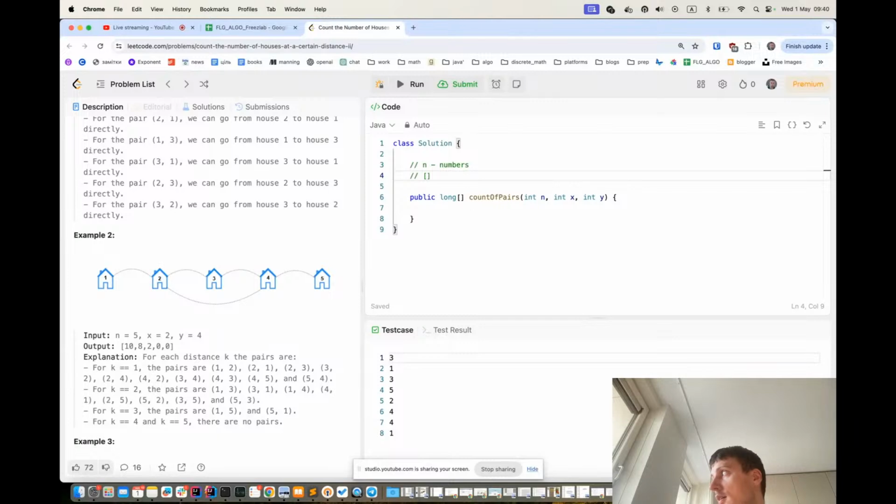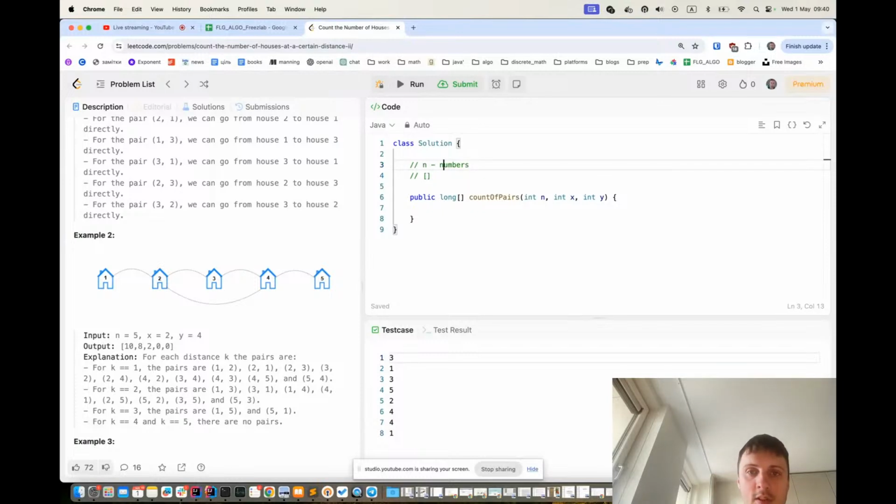So for example, if we have 3 connections, right? So it means that for n minus 1, multiply by 2.